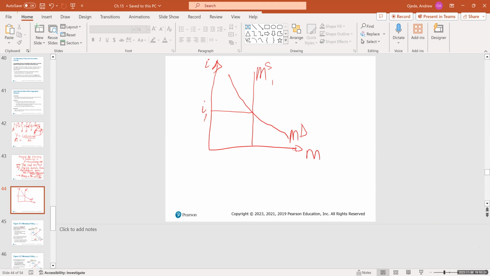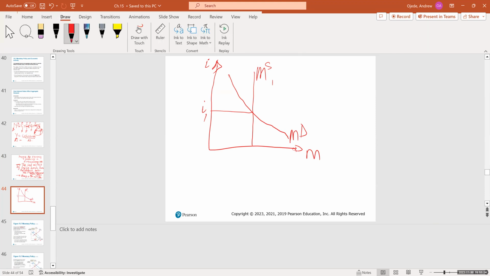So the Fed buys bonds, which means this money supply is going to shift to the right, to MS2. Label it however you want. That's going to lead to a decrease in the interest rate.